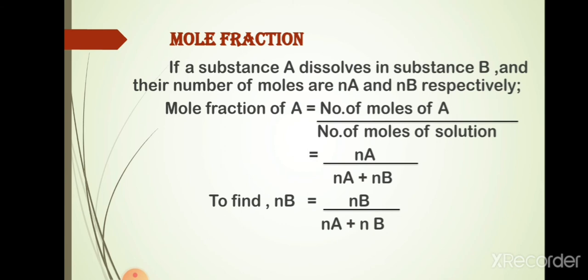For the mole fraction of B, we can use the formula: mole fraction of B is equal to number of moles of B divided by number of moles of solution, that is Nb divided by Na plus Nb.